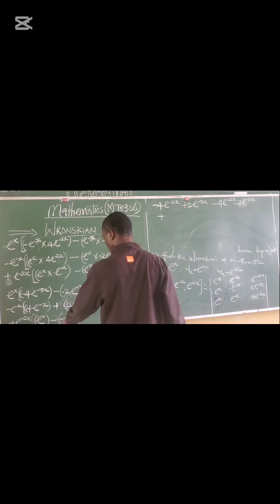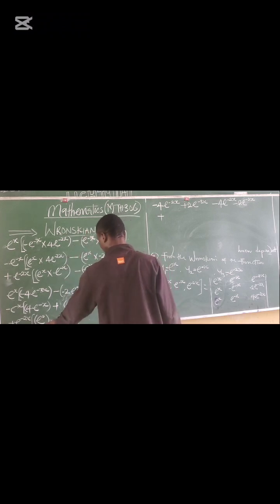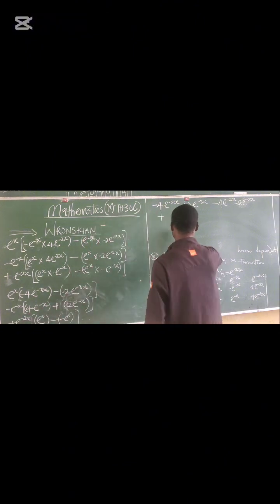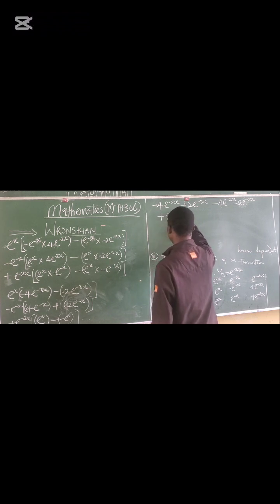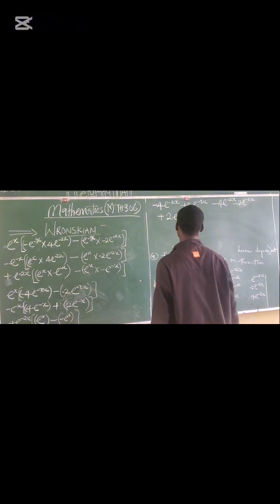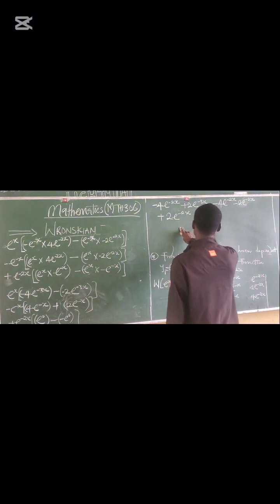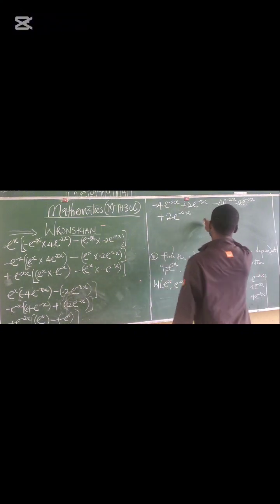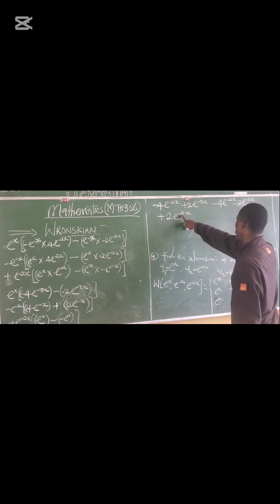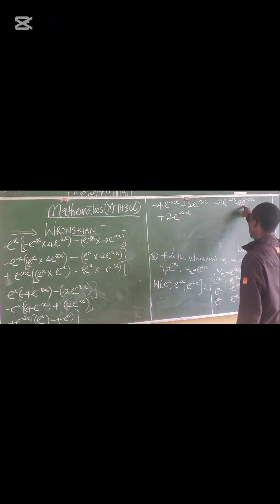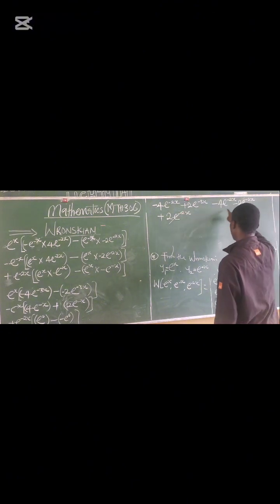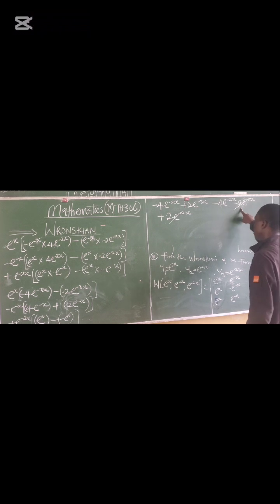Alright, so for this, I'm going to have plus. This is 1 and this is 1 because anything raised to power 0 is 1. Minus times minus will give me a plus. So I have 1 plus 1 here, which is 2. So 2 times exponential minus 2x gives me 2 exponential minus 2x. So we can go further, because this is 2 exponential minus 2x and this is minus 2 exponential minus 2x, so it can cancel out this.